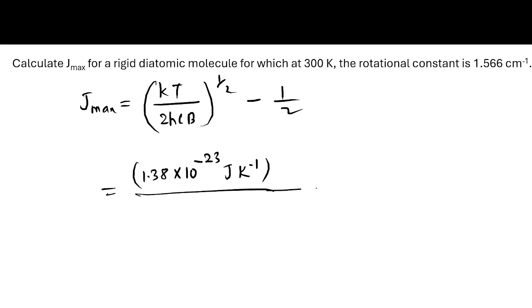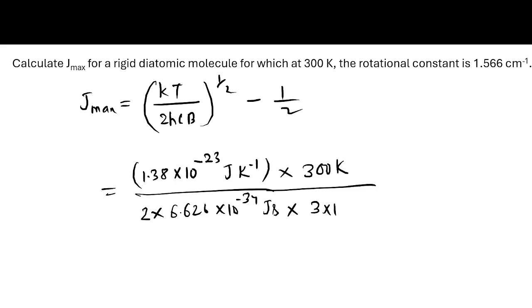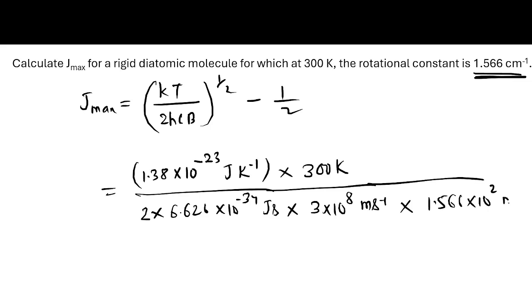And what is the temperature here? 300 Kelvin. h is 6.626 times 10 to the power minus 34 joule second, and c is the velocity of light. We are keeping everything in SI, so that's why I'm writing meter per second, and the value of B is given this much. In meter inverse it will be 5.66 times 10 to the power plus 2 meter inverse. So this whole root, to the power 1 by 2, minus 1 by 2.